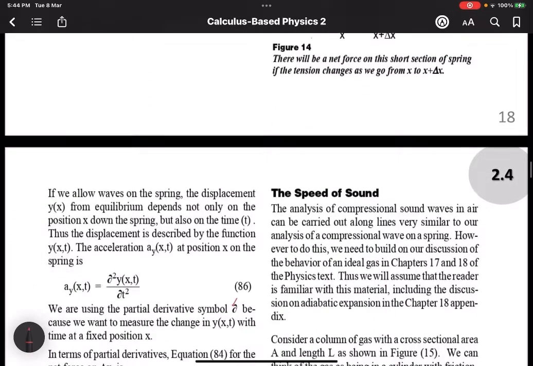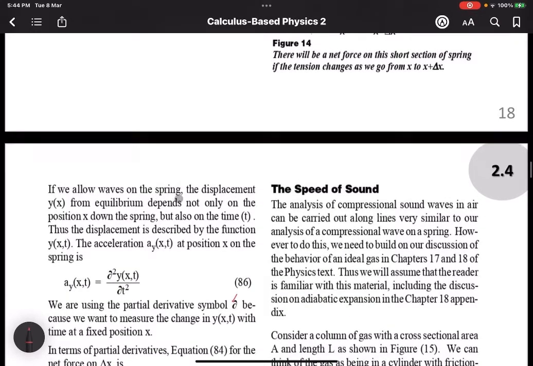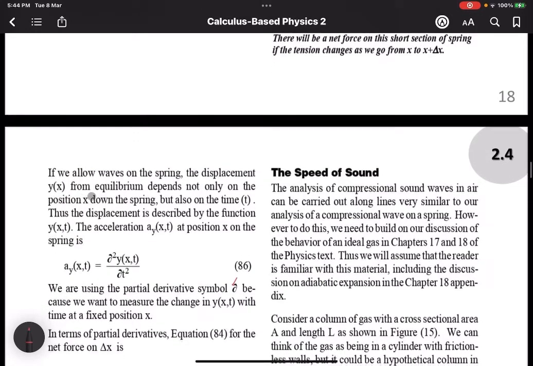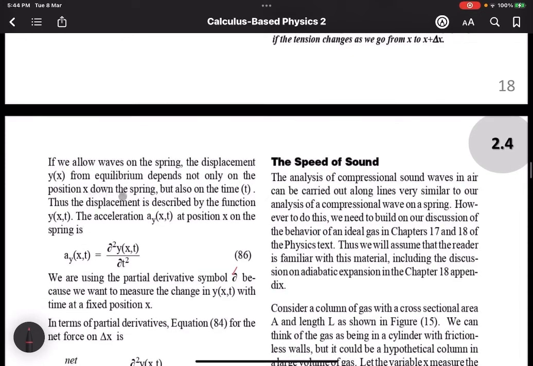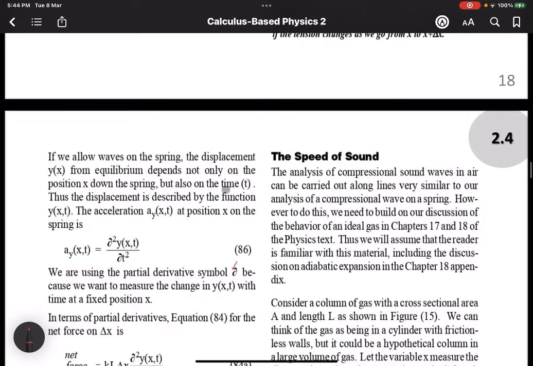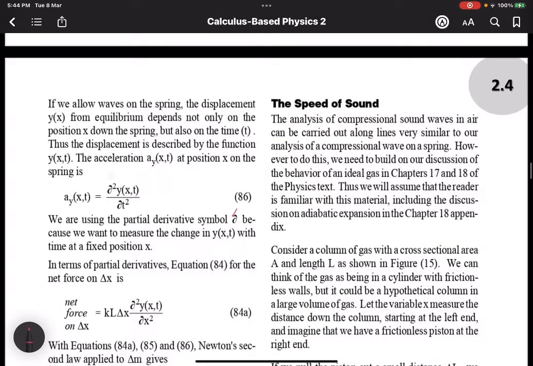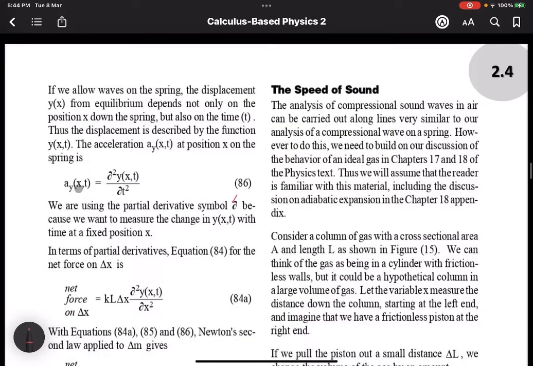dun sa ating video. So, if we allow the waves on the spring, the displacement yx from equilibrium depends not only on the position x down the spring, but also on the time. So, we will apply now the acceleration y xt is equal to the partial derivative of y x t over dt squared, no?